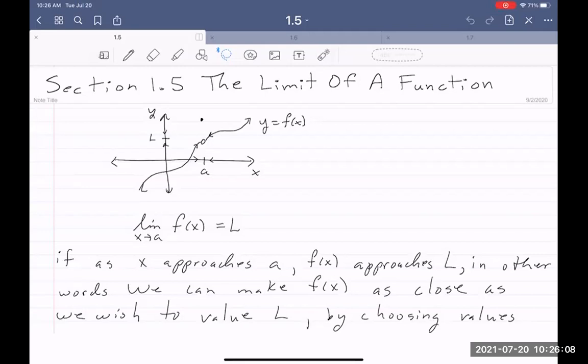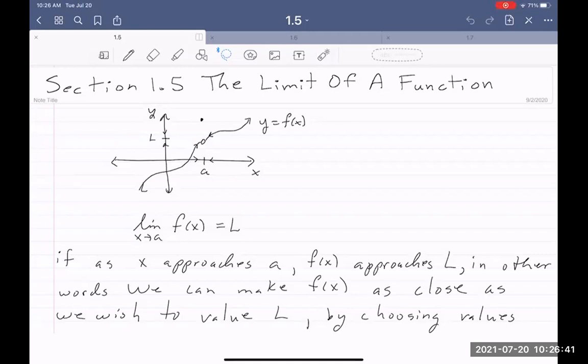It took until Cauchy in the 1800s, Cauchy, Weierstrass, people of that sort, before they really understood what was going on. So this will be a first attempt to give you an idea about the concept of a limit. In sections 1.6 and 1.7, we'll give you more detail behind this.